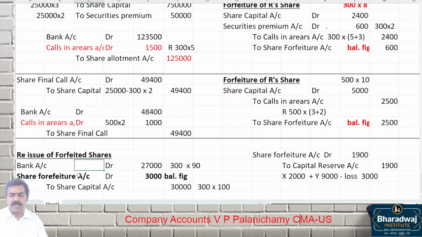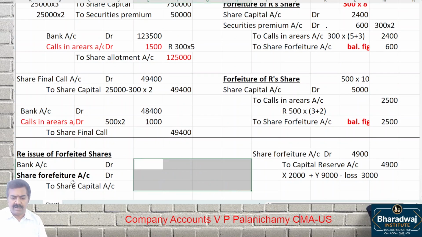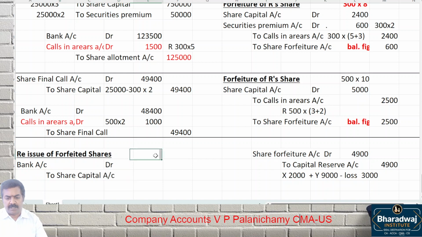All the shares are reissued. All the shares are reissued for how much? 11 rupees. Shares are reissued at a premium. Look at the reissue: 800 shares into how much? 11. We have reissued for 8,800, but capital will be only 8,000. Why? Because 800 into the face value. Balance will go to which account?